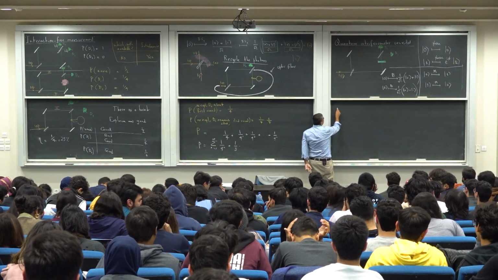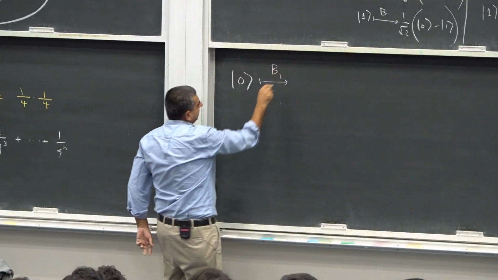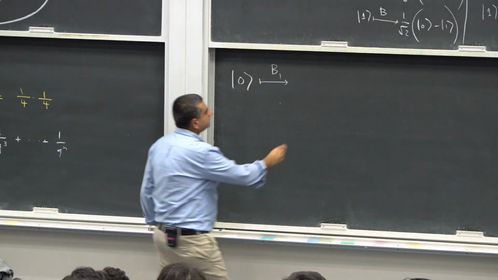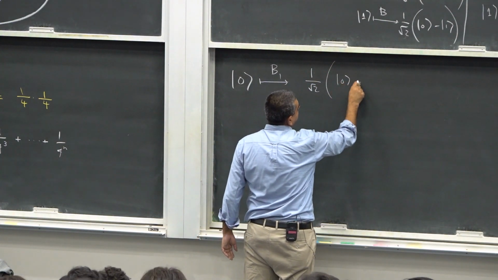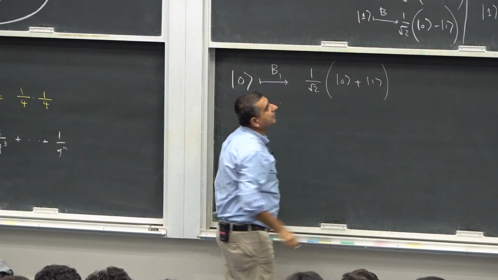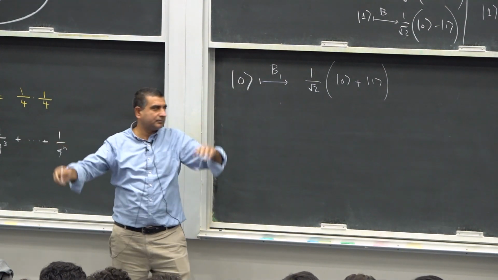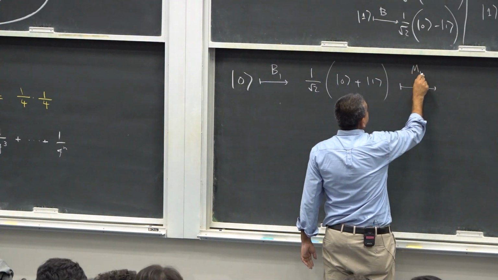So here is your input quantum state. The first beam splitter creates a superposition. Then the quantum state sees the two mirrors, mirror 1 and mirror 2.